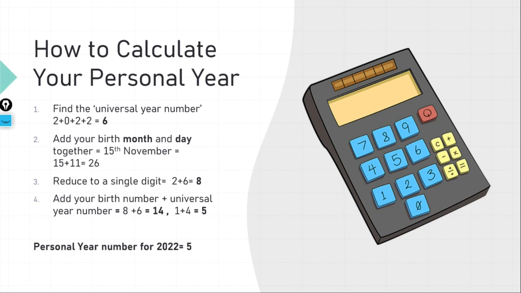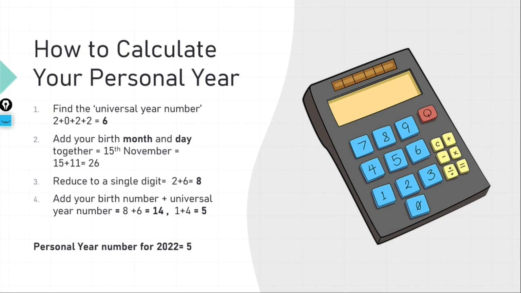Now, to get your own personal number, you take your month of birth and your day of birth and add them together. For example, if you were a Scorpio born on the 15th of November, you would add 15 and 11 to give you 26. Then you reduce the 26 down to a single digit, 2 plus 6, which gives you 8.